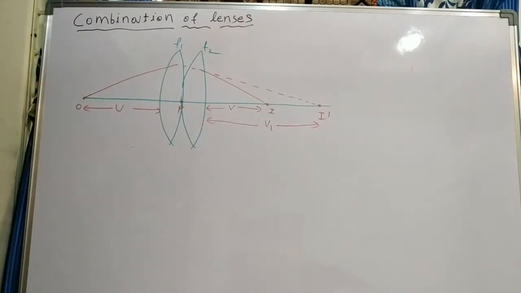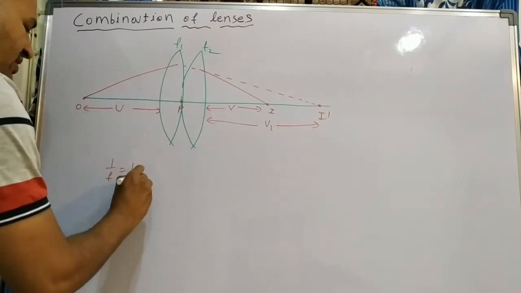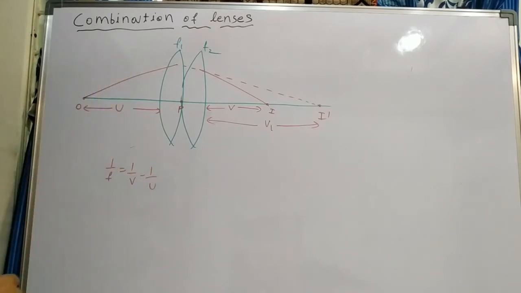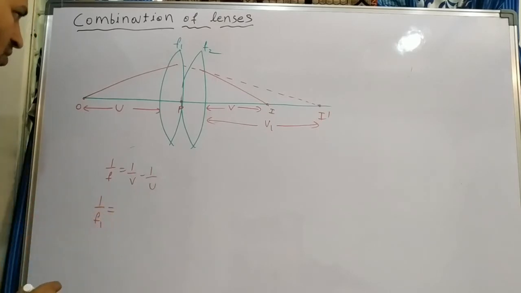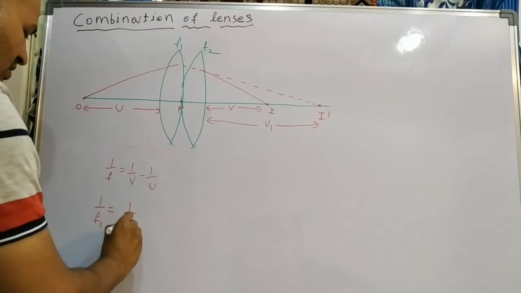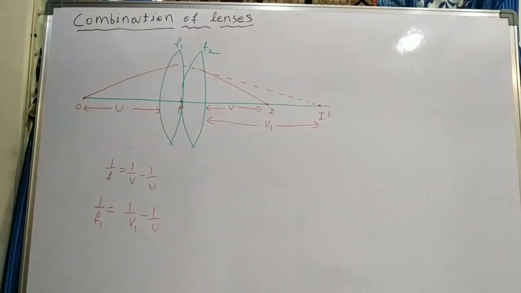Now apply the lens formula. What is the lens formula? 1 by f is equal to 1 by v minus 1 by u. Using that for the first lens we can apply 1 by f1 is equal to, where the image forms, that is at I dash, 1 by v1 minus 1 by the object distance u.